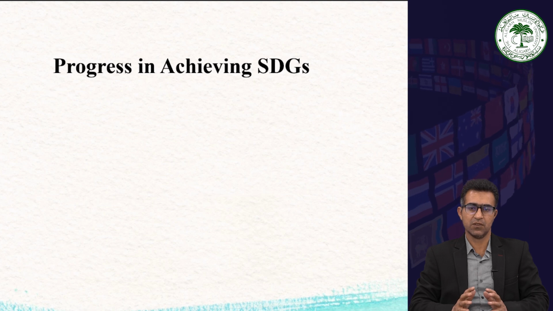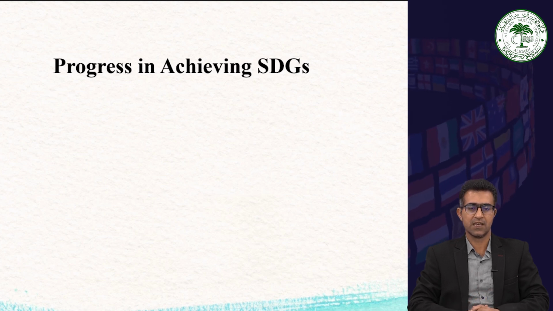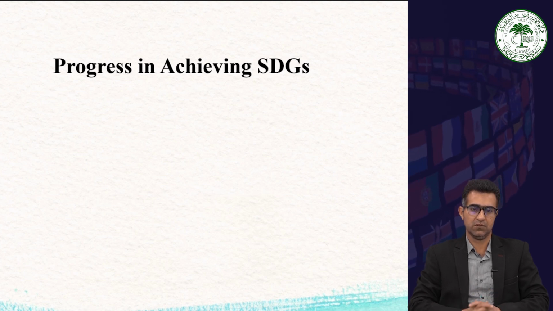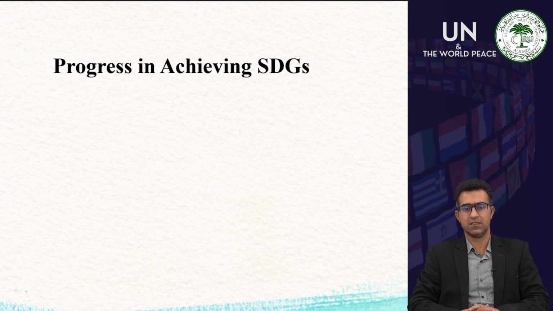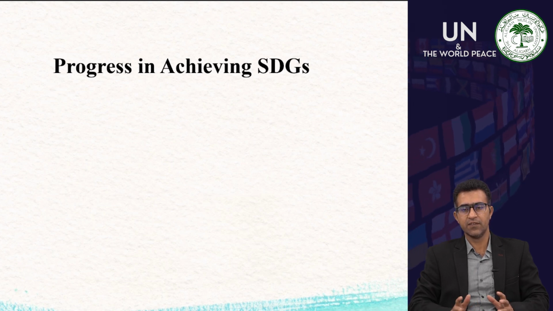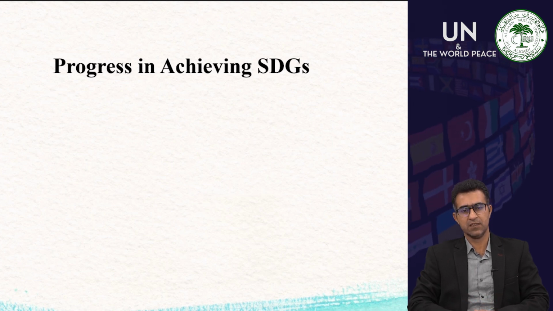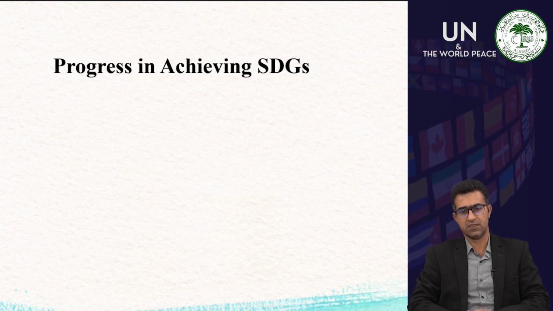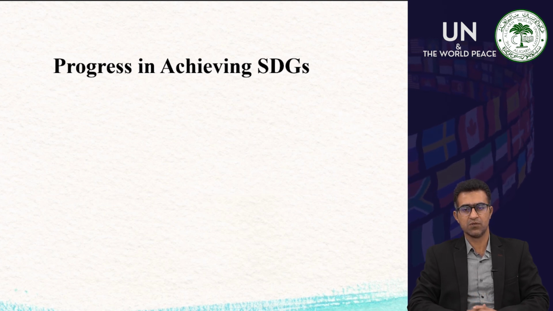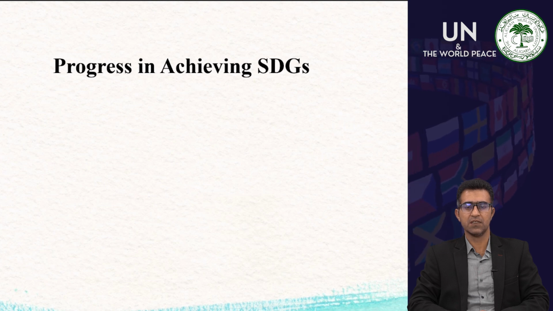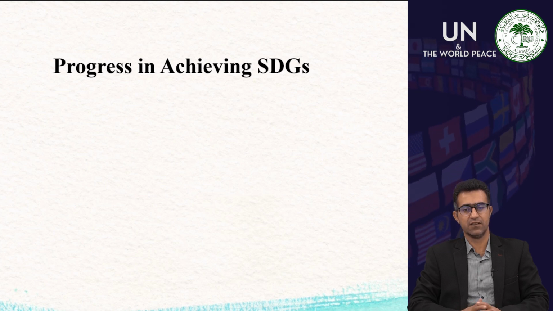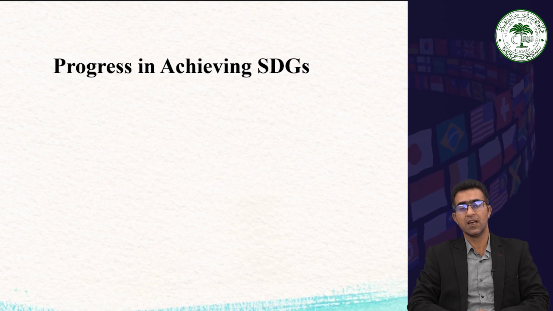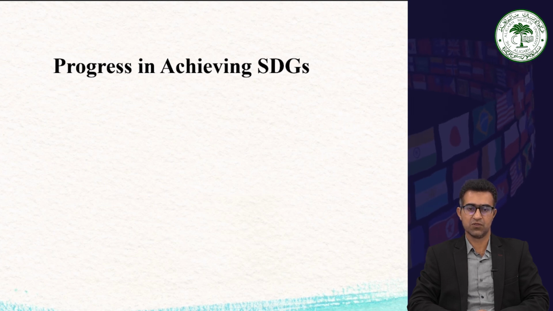sustainable development goals. First, let's have a look at the first goal, that is no poverty. Significant progress has been made in reducing global poverty. Since 2000, the proportion of people living in extreme poverty has declined from 36% to 9% in 2020.